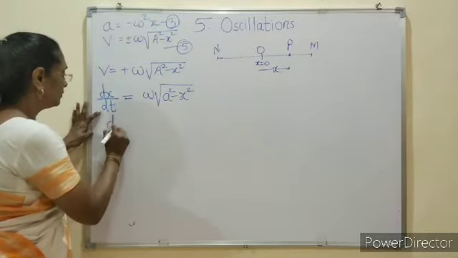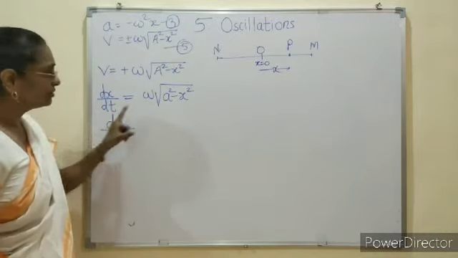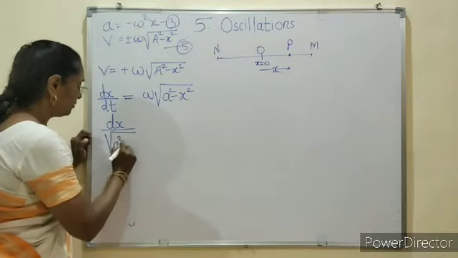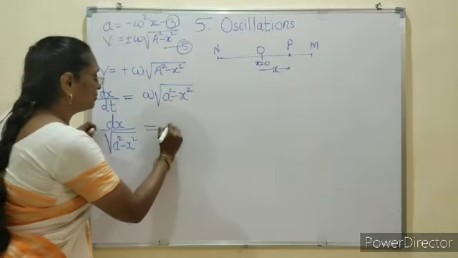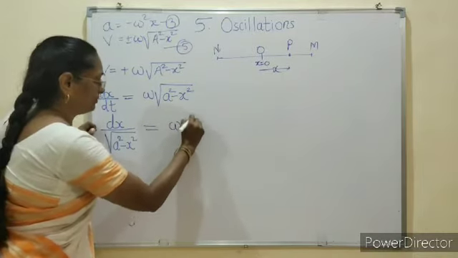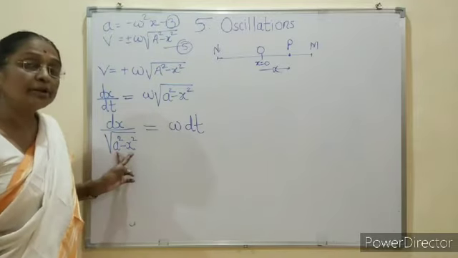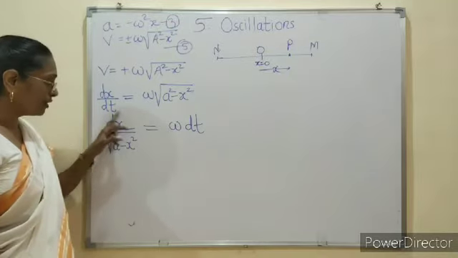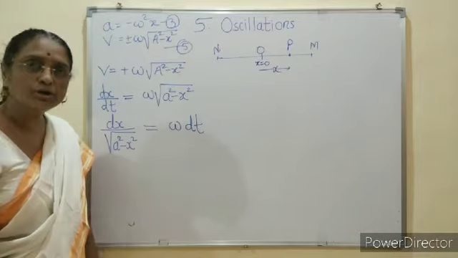Now here we write dx divided by under root a square minus x square, equal to omega dt. Here also we have separated the variables: x variable on the LHS and t variable adjusted on the RHS.